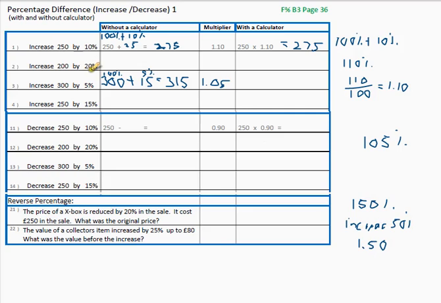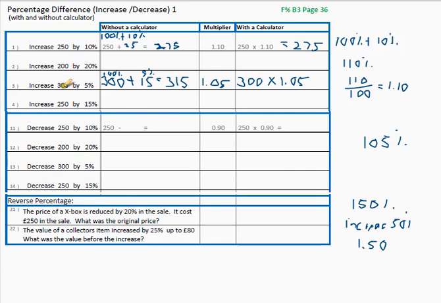So what would the multiplier be for 20%? 1.20. What would it be for 15? 1.15. Okay, so take the multiplier and multiply it with your 300. 300 times 1.05, and you will get the 315 you got there.